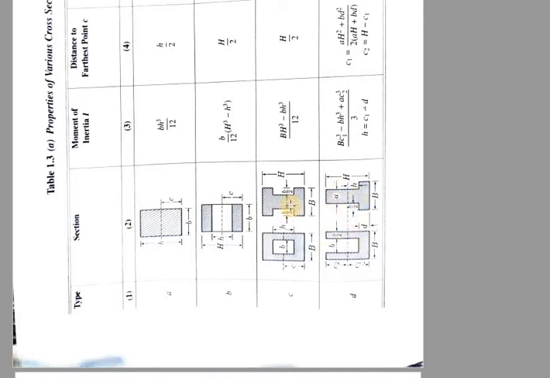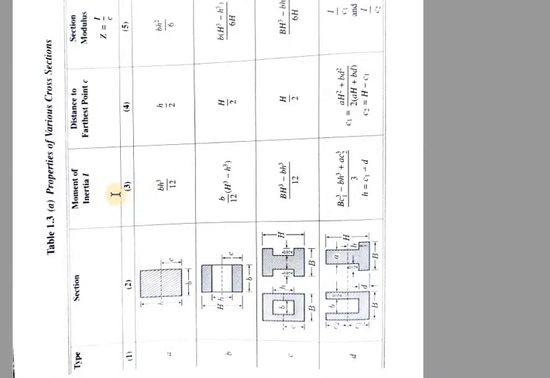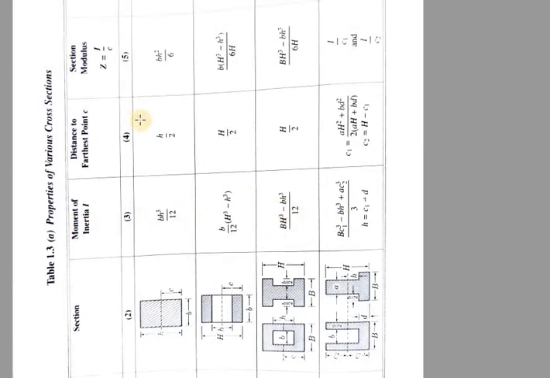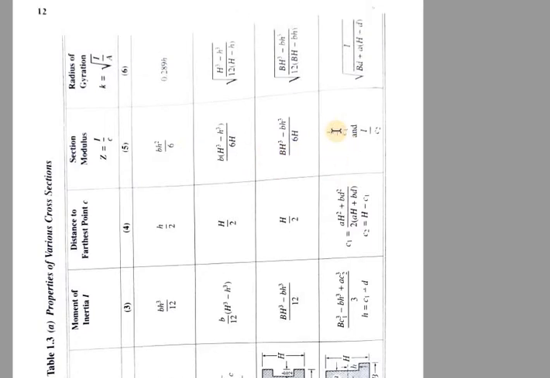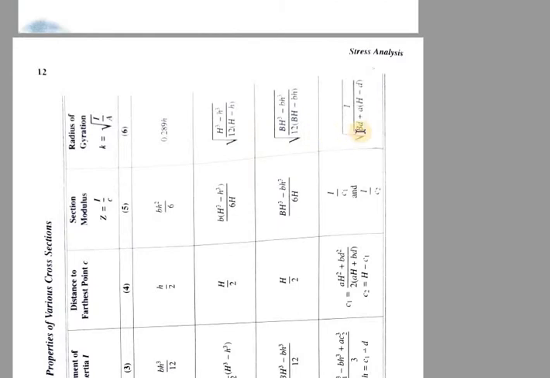For this T section we have the equation for the moment of inertia I, and the distance to the farthest point c, that is, the distances of the inner fiber and outer fiber from the load, given by c1 and c2. Then there is the section modulus Z and the radius of gyration for the T section.